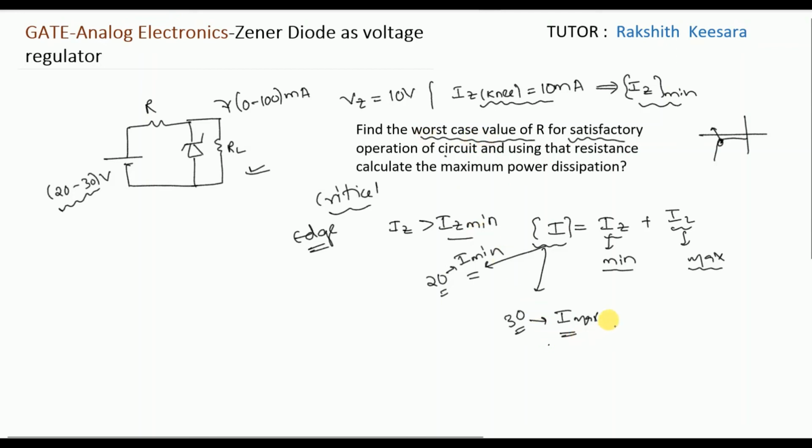If you take I maximum, IZ will also be maximum compared to this. If you take I minimum, the IZ value will also be minimum. Since he is asking the worst case, we will choose this case.